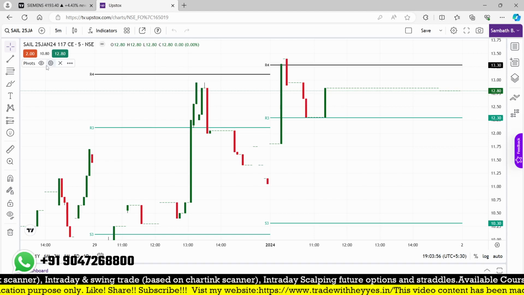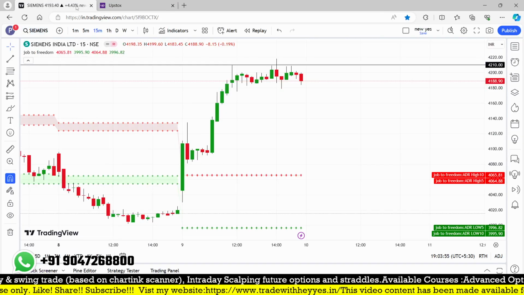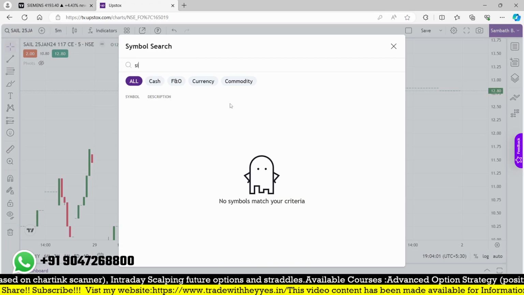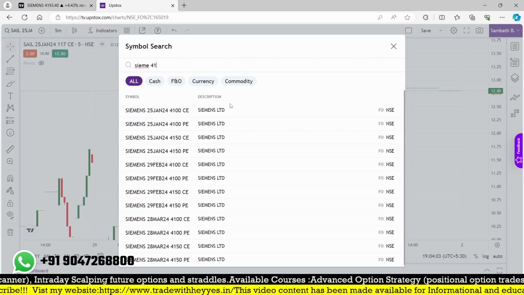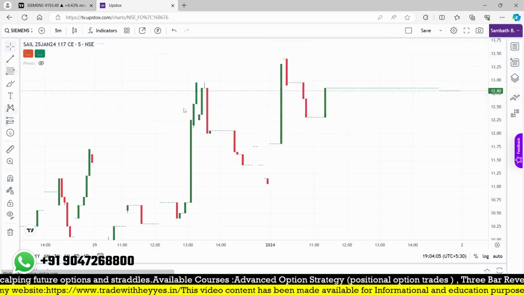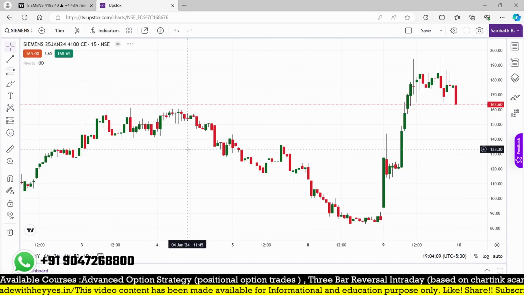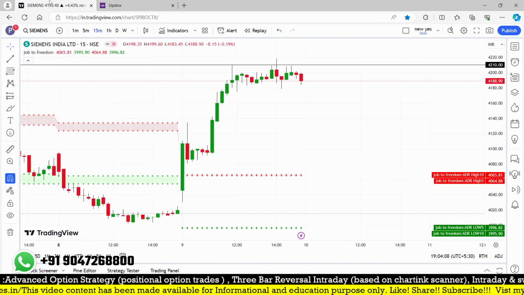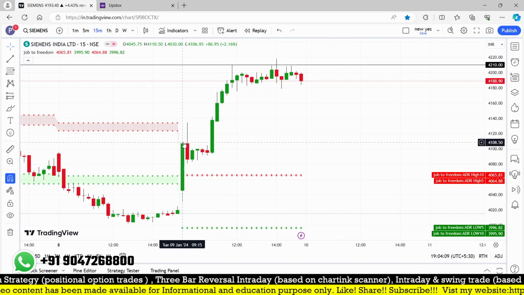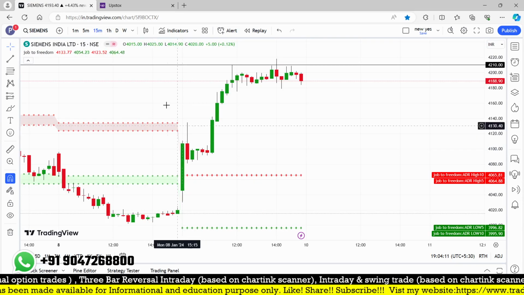If I take the option chart of Siemens 4100, that is the nearest strike price. If you look at the 15 minutes time frame, the candle is the same as the stock chart, it closed above.